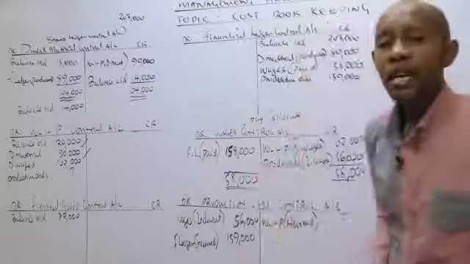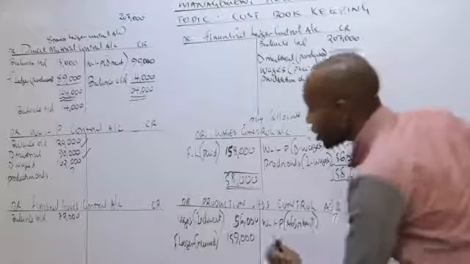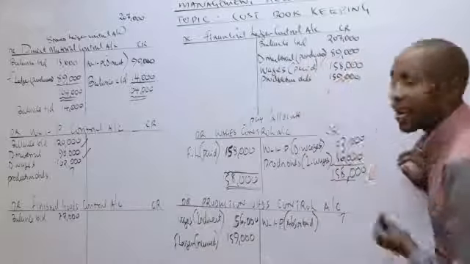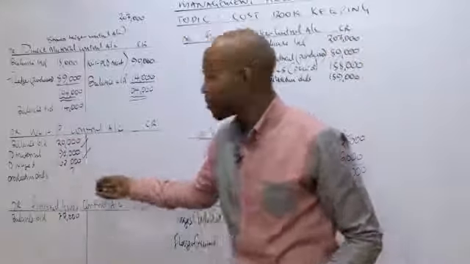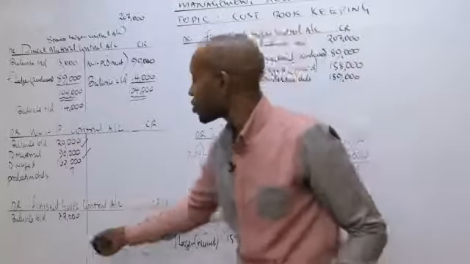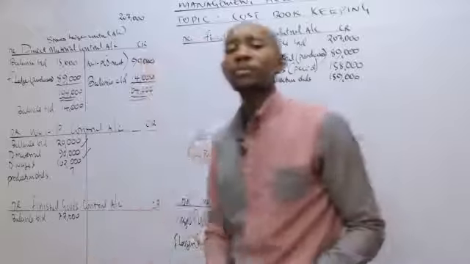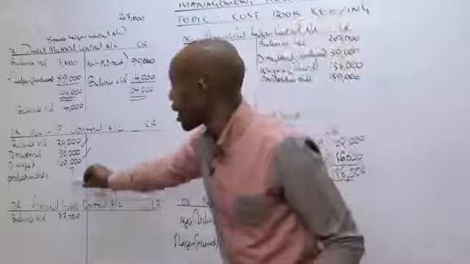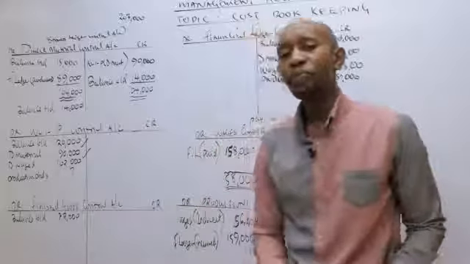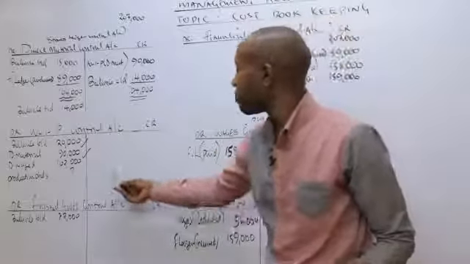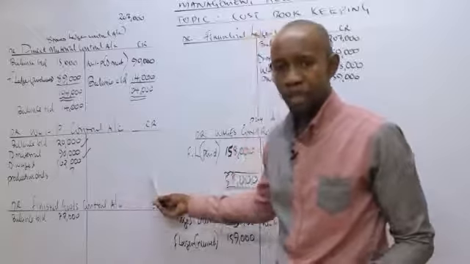So see the flow. The flow is from production overheads, it goes to the work in progress. From the work in progress, it goes to finished goods. So this is the cost of work being done. However, not everything was complete. There will still be some incomplete units at the end of the period here.